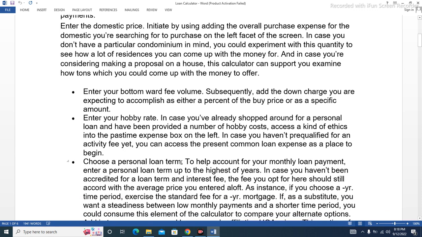Choose a personal loan term to help account for your monthly loan payment. Enter a personal loan term up to the maximum of years. In case you haven't been approved for a loan term and interest rate, the rate you opt for here should still accord with the average rate you entered above. For instance, if you choose a year term, use the standard rate for a year mortgage.